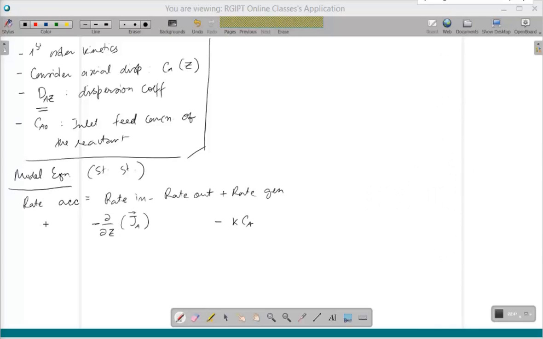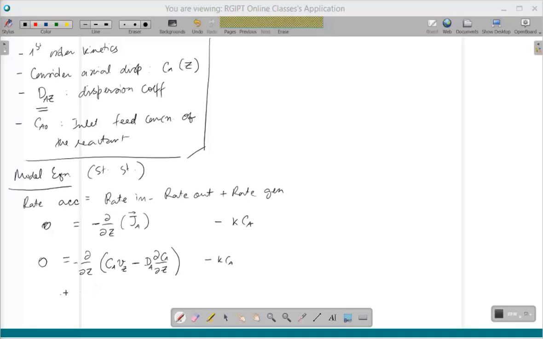And rate of accumulation would be 0 because of steady state. And then this flux must have two parts. One is the convective, which is given by C_A into V_Z, and the other is diffusive, which is given by minus D_A from Fick's law, del C_A by del Z, minus K C_A equal to 0.